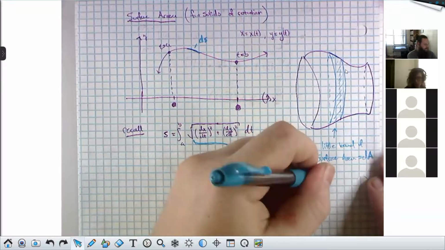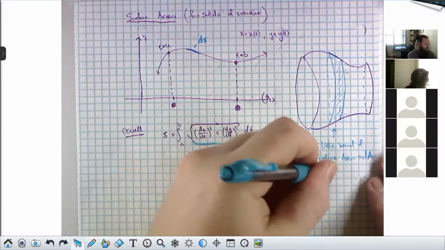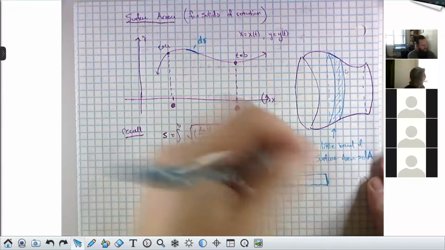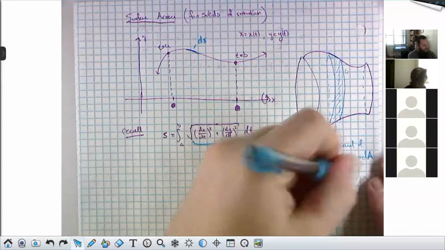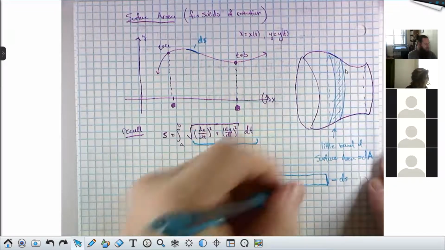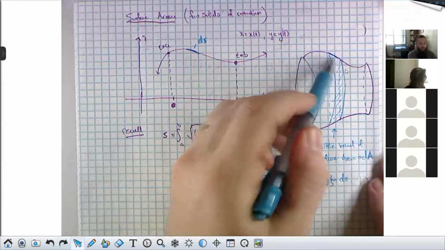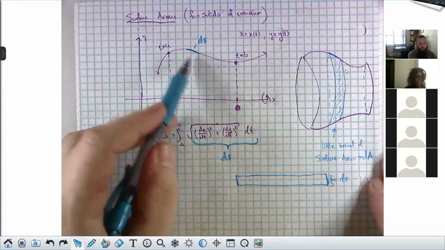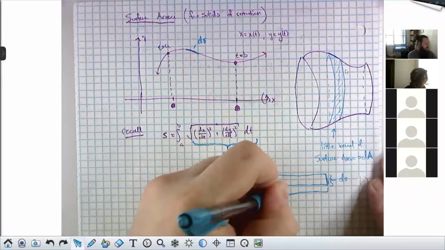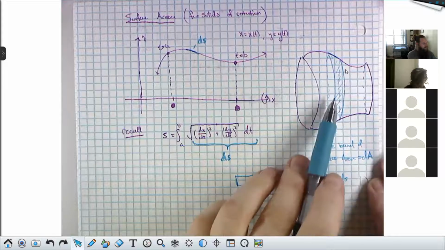If you cut and unroll that band, you get a little strip whose lengths on the side here are ds. That's this little bit of length that we rotated, and whose dimension in this direction is 2 pi times the radius.